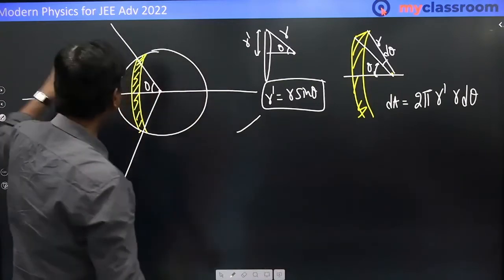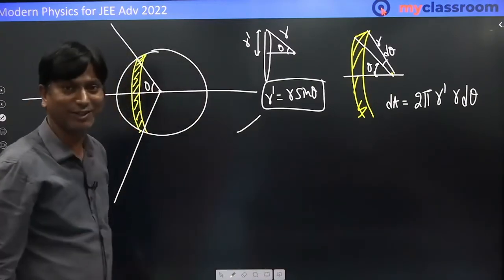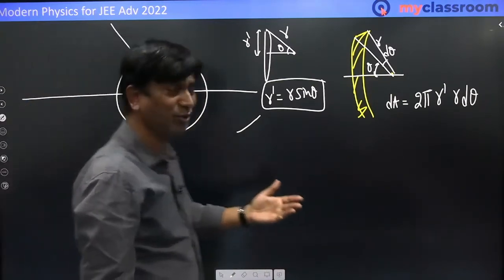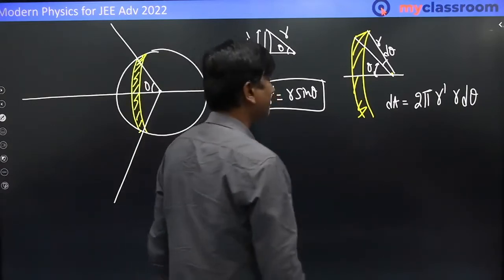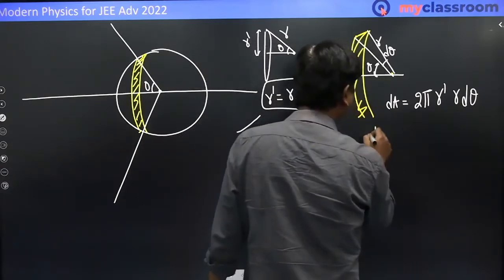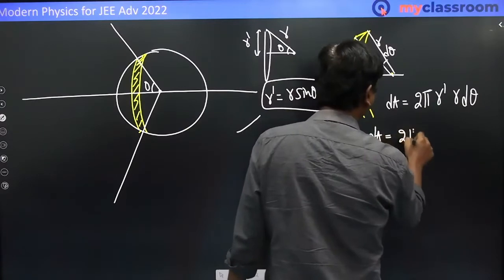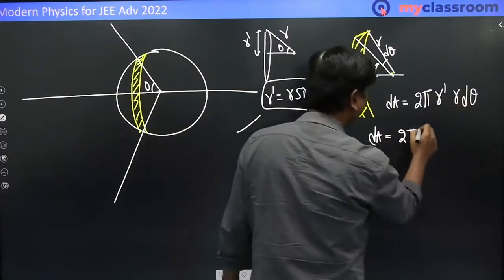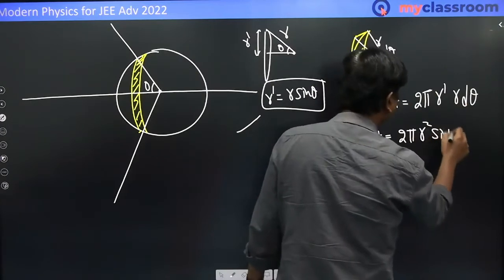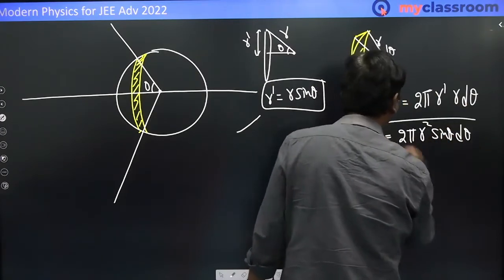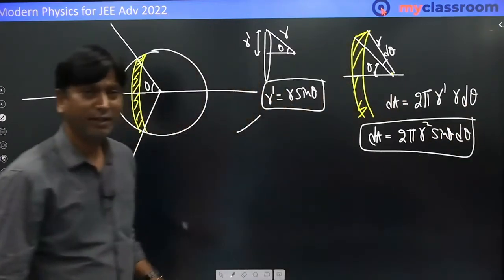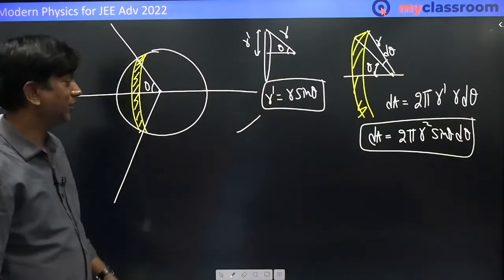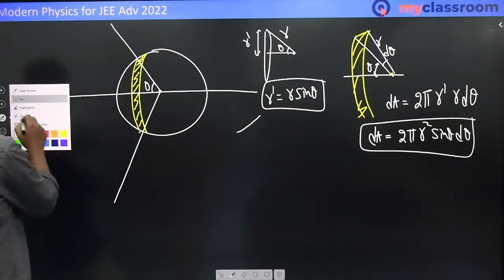First, we will consider photons are hitting this strip. In that way, I will try to consider and I will try to solve it, right? So here I can write it as 2 pi into what is r dash? r sin theta into r. So 2 pi r square sin theta d theta. That area of the strip we have calculated.